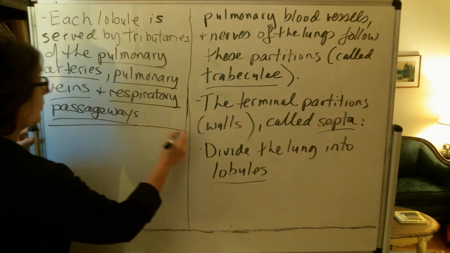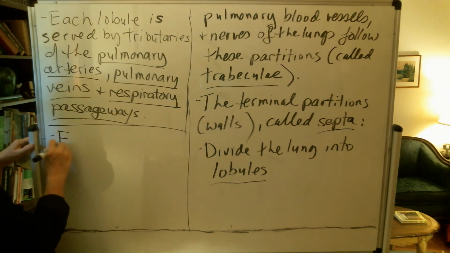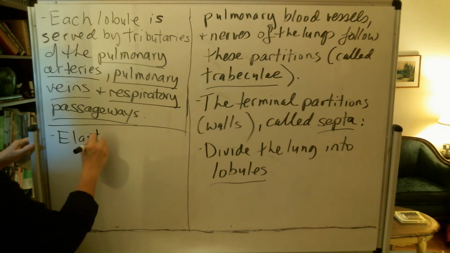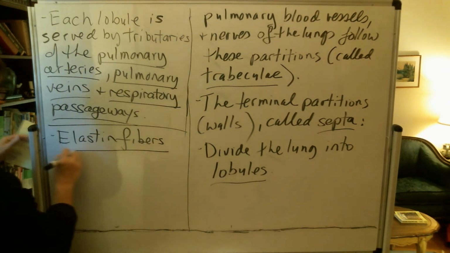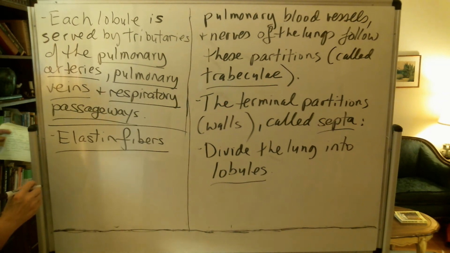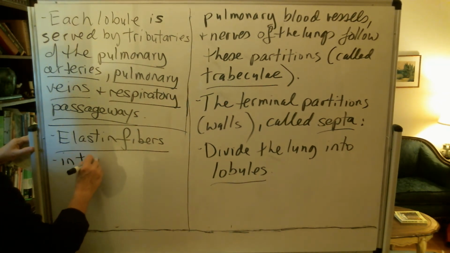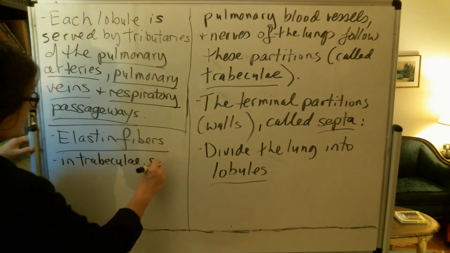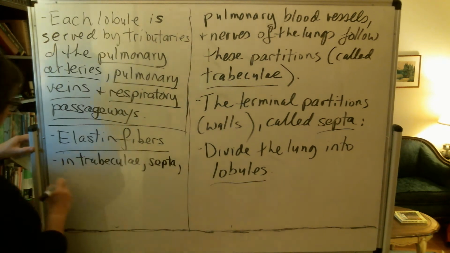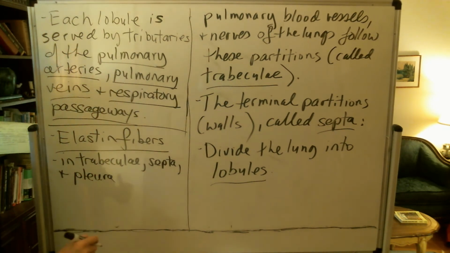And then also, throughout the lung, another structural feature then are your elastin fibers. And these are in the trabeculae, in the septa, and in the pleura.